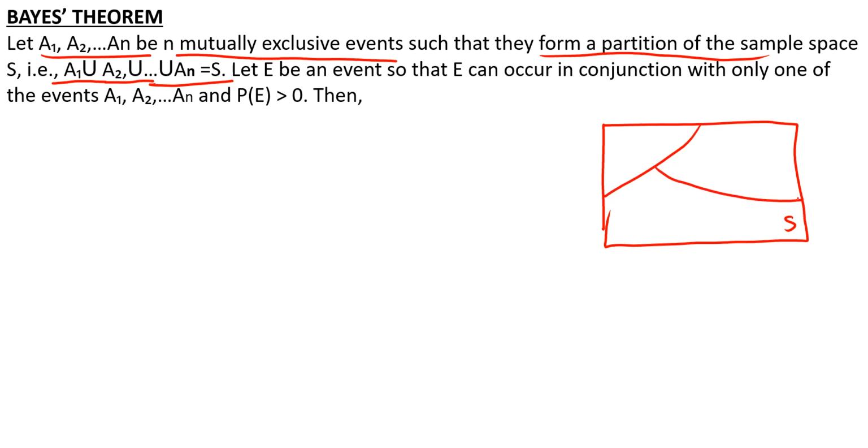Suppose we have these three partitions: A, B, C. This is the output produced by machine A, by machine B, by machine C. This entire thing makes up our entire sample space, the entire output. Now we are saying let E be an event that can occur in conjunction with only one of the events, and the probability of E is greater than 0.